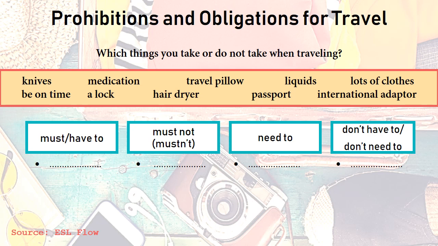The second box, must not or mustn't. And then the third box, need to. And the last is don't have to or don't need to. I need you to write the answers in the comment column.